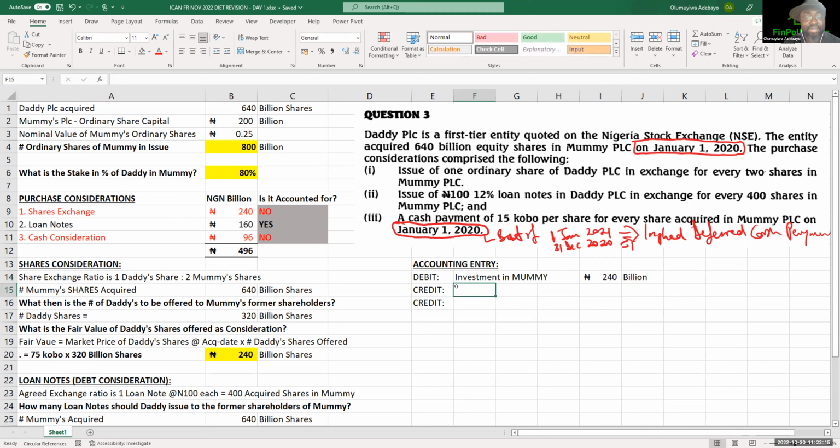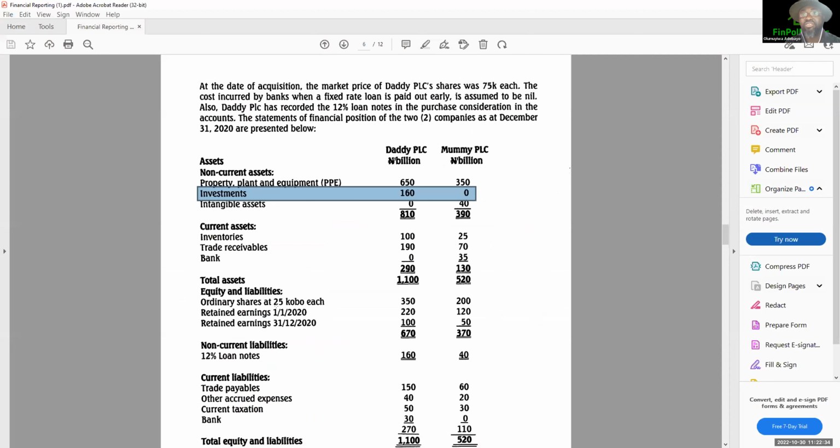Now, your share capital will increase by the nominal price. Remember, what is the nominal price? If you come back here, it is 25 kobo each for the two companies.